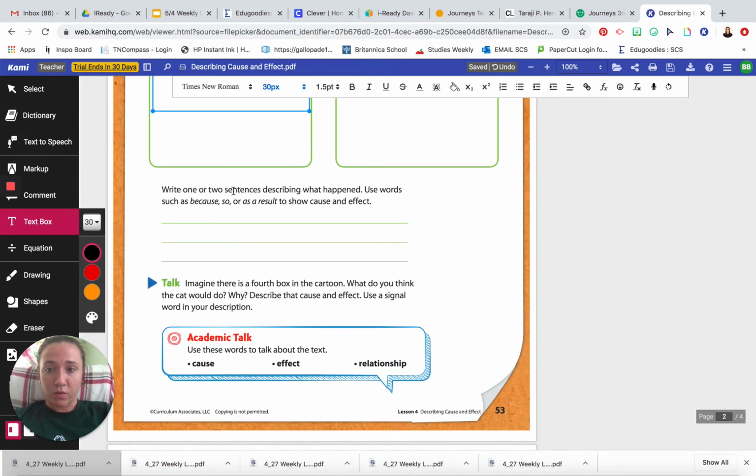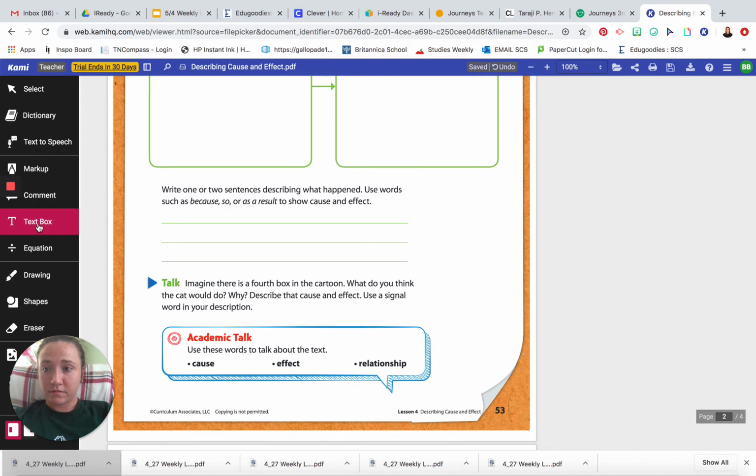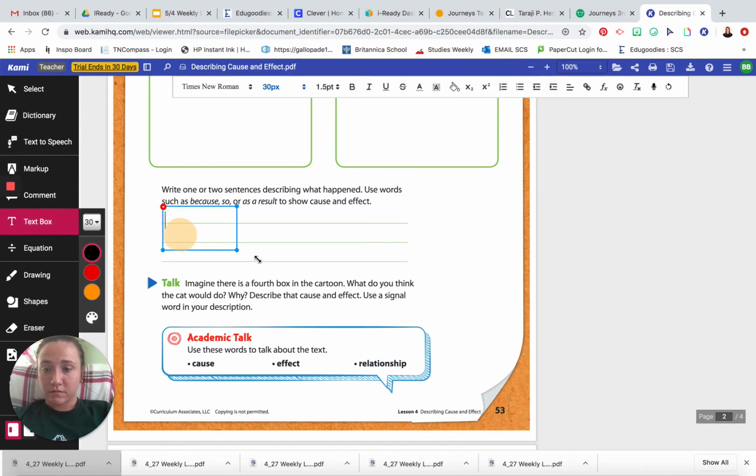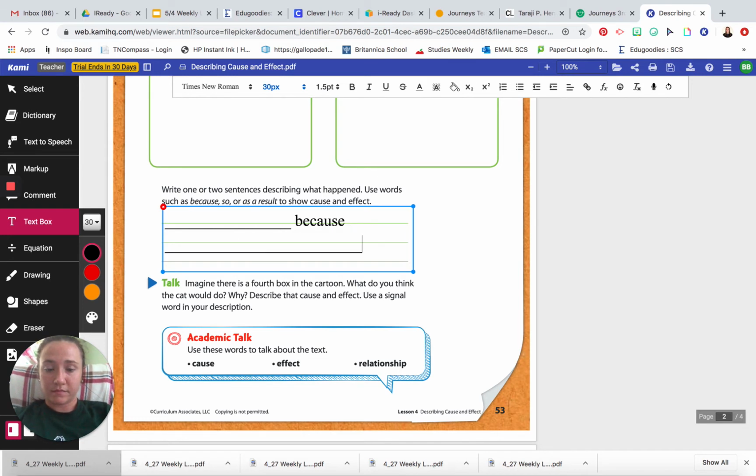Now we're going to write one or two sentences describing what happened. We want to use the words because, so, or as a result to show cause and effect. So if I were you, I would write a sentence just like this. Blank, because, blank. Or blank, because, so, blank.